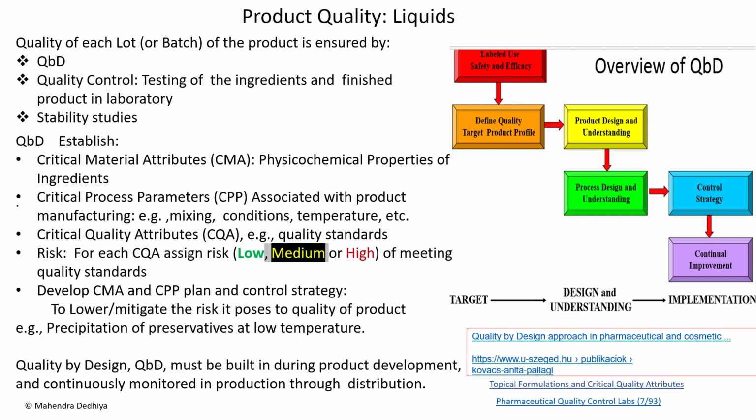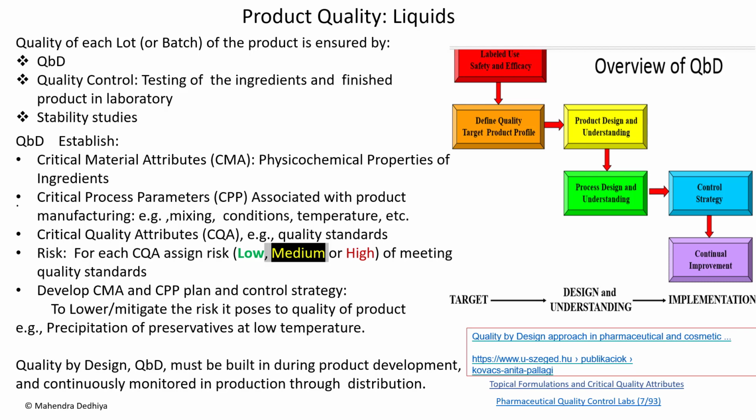This looks at critical material attributes, CMA. These are physical and chemical properties of ingredients. Critical process parameters are associated with manufacturing of the product. These are mixing conditions, temperatures, and related parameters. Critical quality attributes are quality standards and risks.